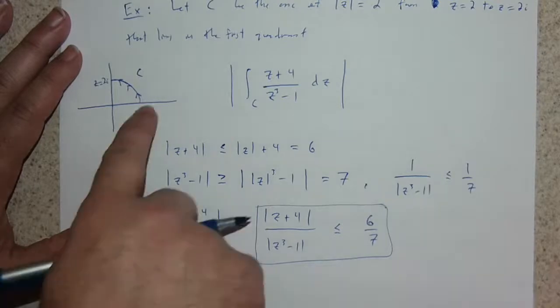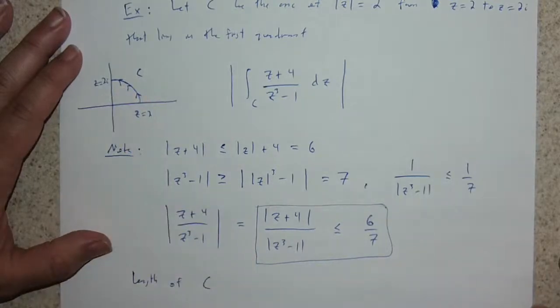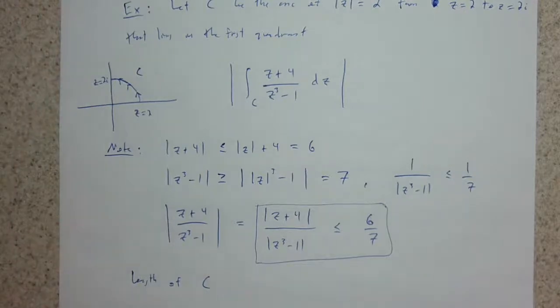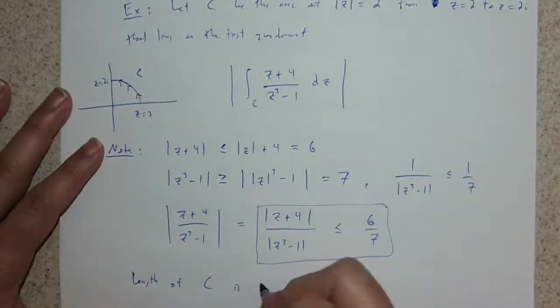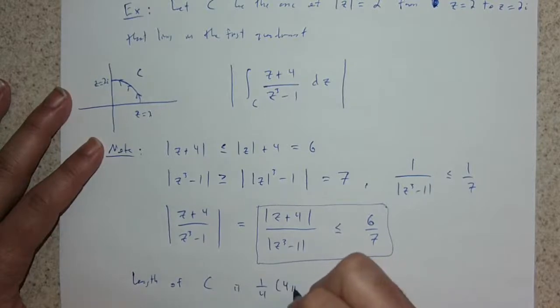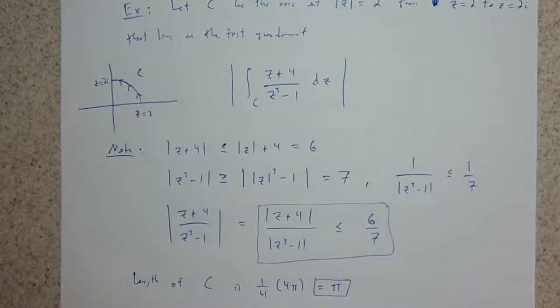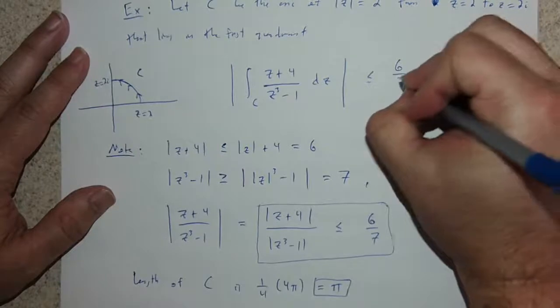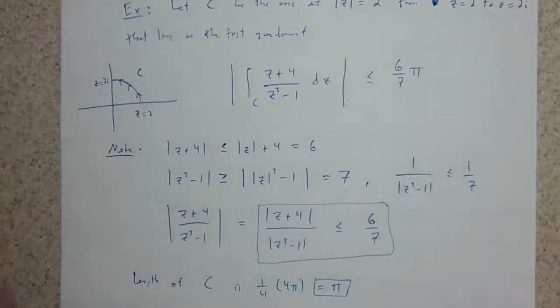So it's 1/4 of 2 pi r, so 1/4 of 4 pi. So the length of C is pi. And so this is less than or equal to 6/7 times pi.